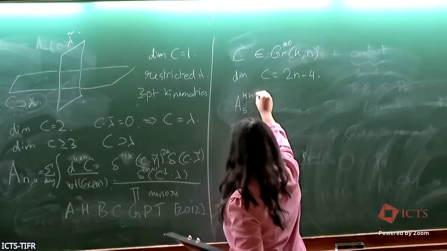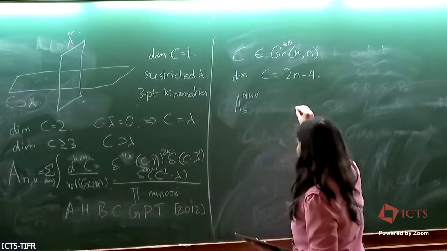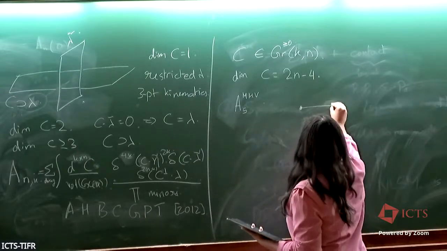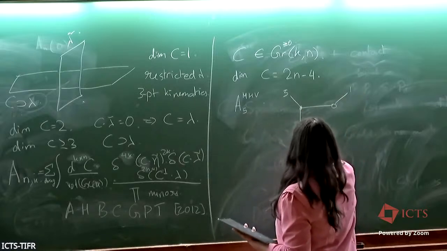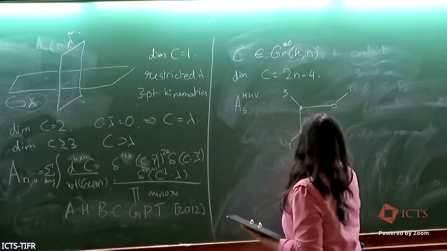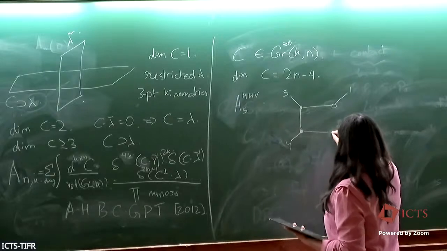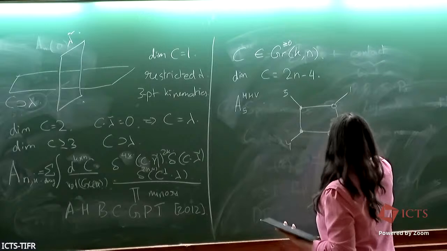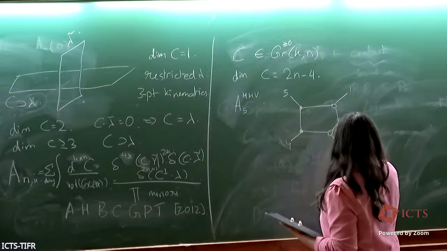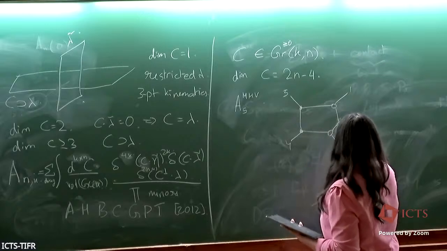A5 MHV. Okay? So this has one diagram, which is just a BCFW bridge, 5, 1, sitting on an anti-MHV vertex, and then the 4-point amplitude, 2, 3.